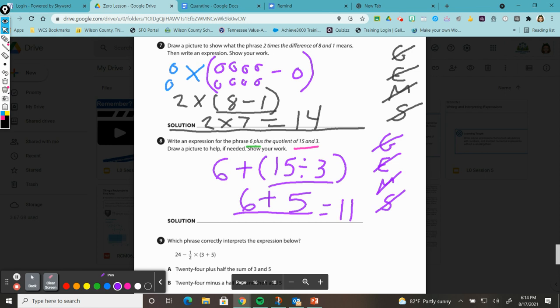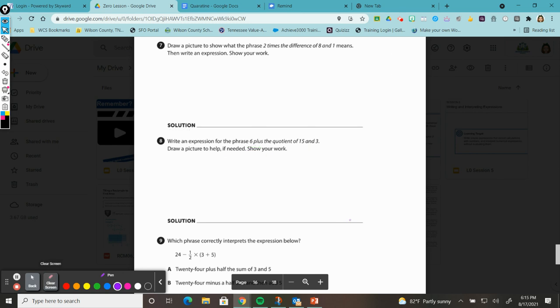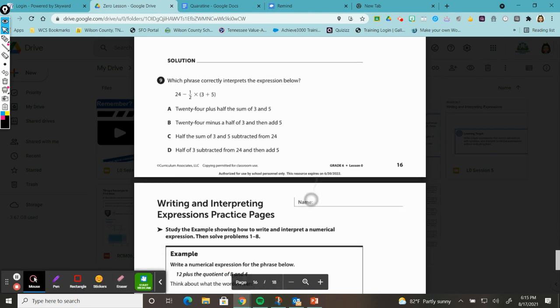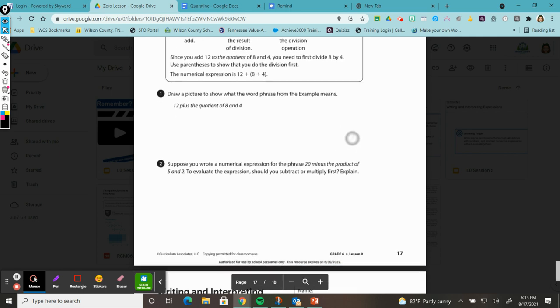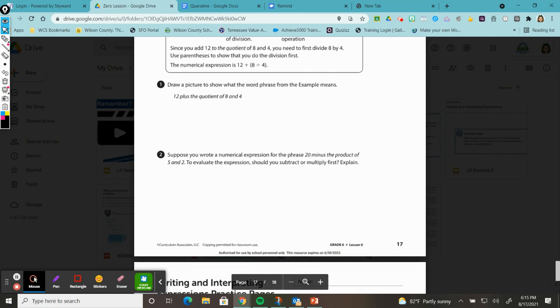If you need to rewind or pause or go back to look at anything that you might have questions about, please do that and let me know. What you're going to do now, you're going to look at the practice pages. So these pages right here. And I want you to focus on certain problems. I want you to focus on number 1.